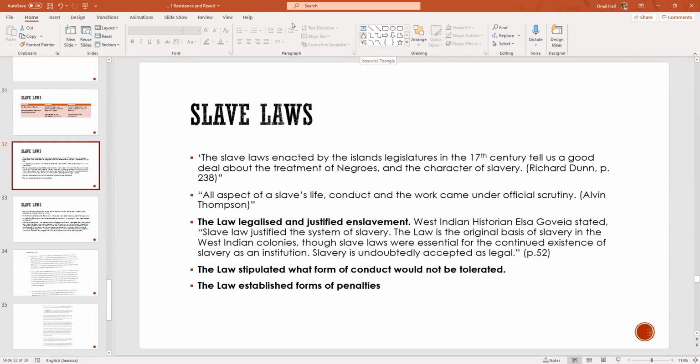Code Noir. Very good. If you were in Colombia? Siete Partidas. Very good. So if we look at all of these territories, the slave laws tell us how enslaved people were actually treated and the character of slavery.